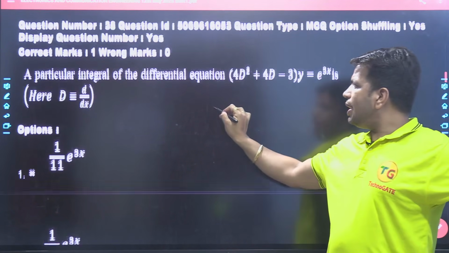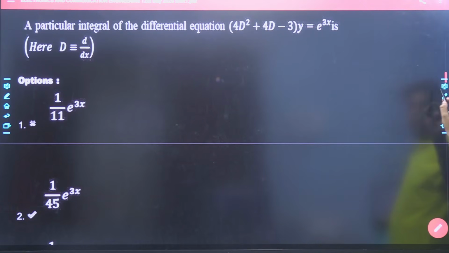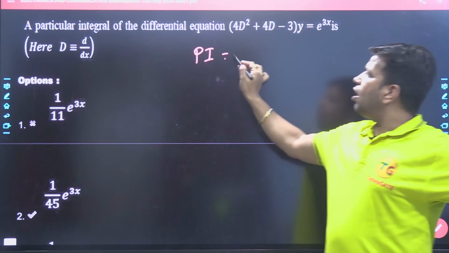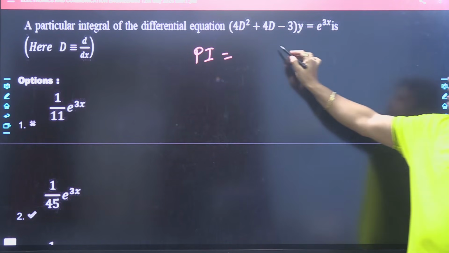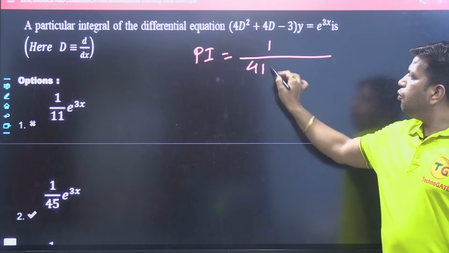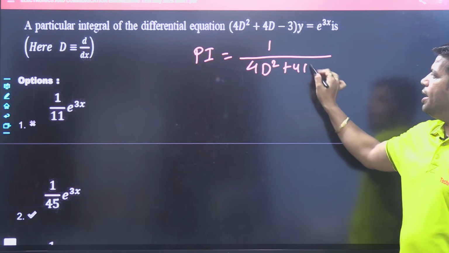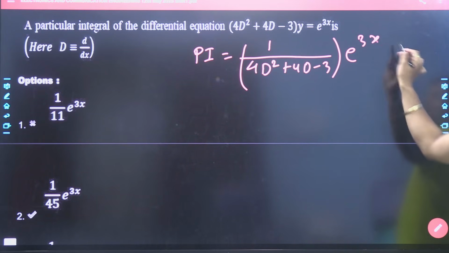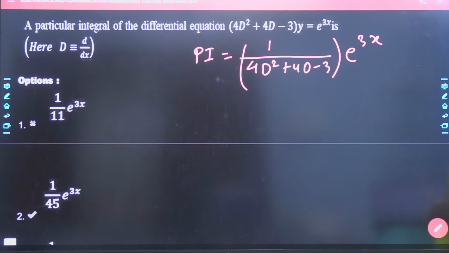Okay. So let's see. The particular integral, PI, for this is what? It's simply 1 divided by 4D square plus 4D minus 3, multiplied by e to the power 3x.